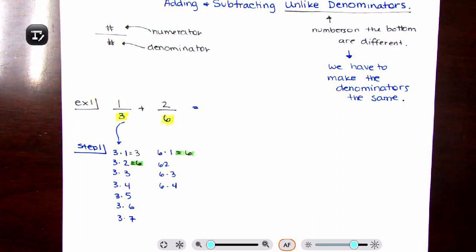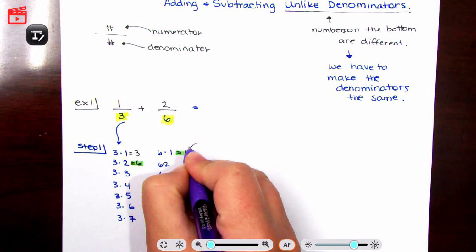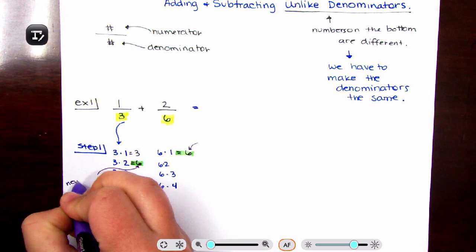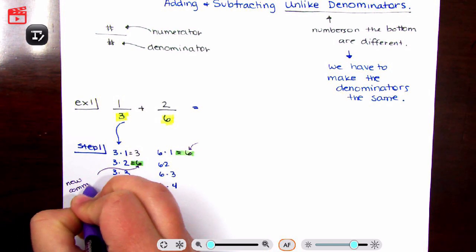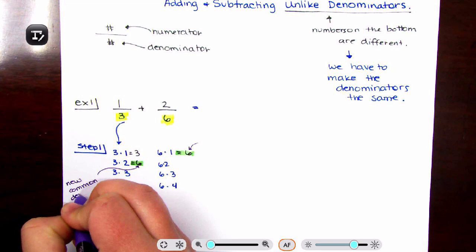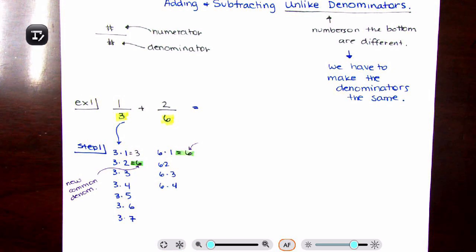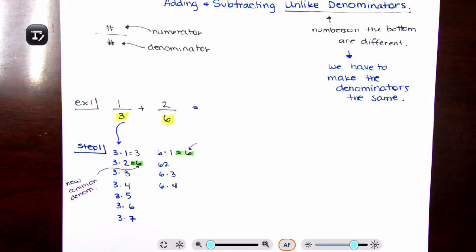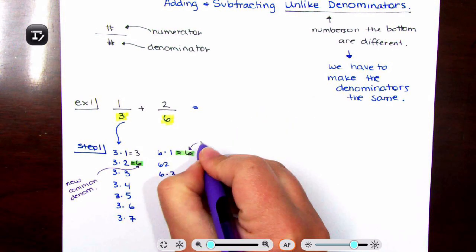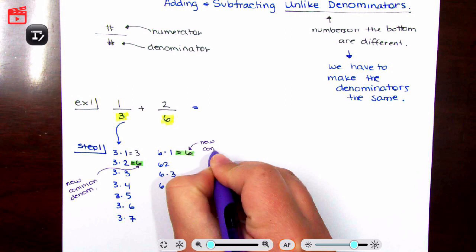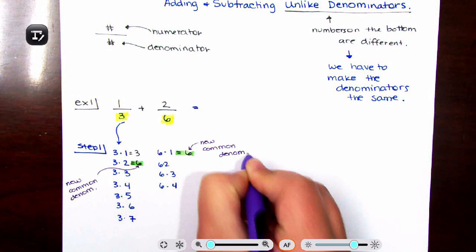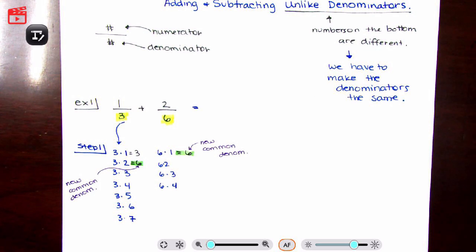Now, because our output is 6, this number is going to be our new common denominator. So we know our denominator is going to be 6. But how did that happen? How did it become 6?